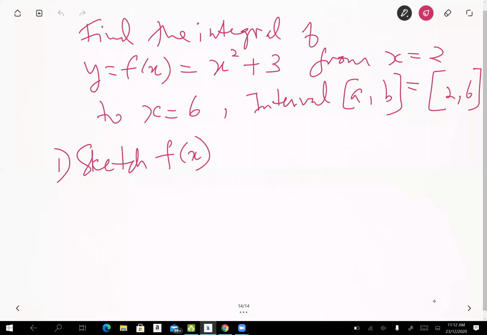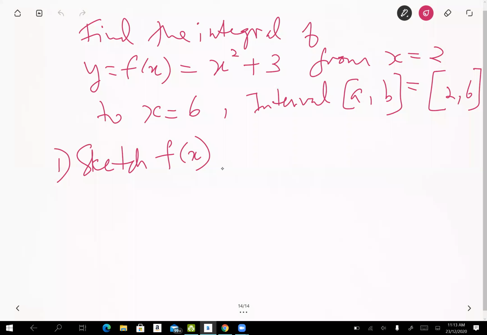Does this curve have a maximum or a minimum? Minimum. Okay, so the curve has a minimum. There is only one minimum, and the curve will go upward. What is the minimum point? 0, 3. Yes, 0, 3.